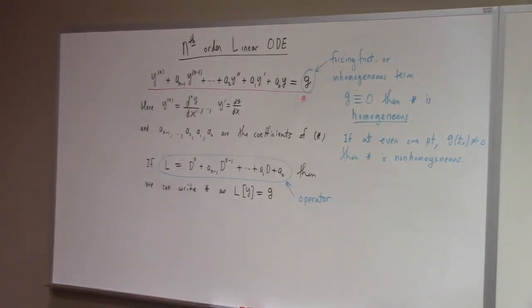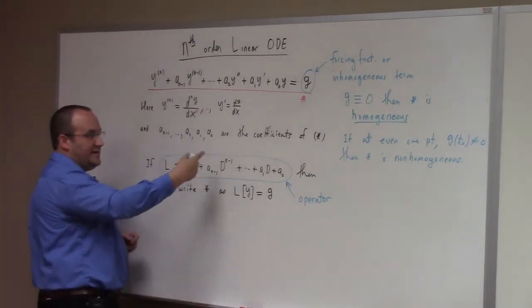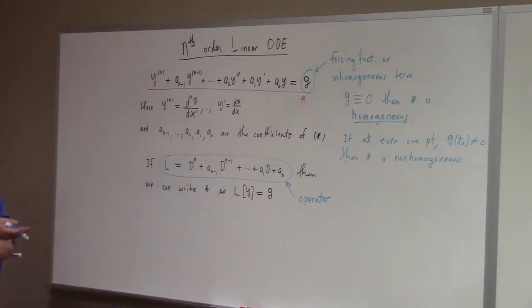You've already been working with operators in Calculus 1, right? The derivative is an operator. You feed it a function, what comes back out? A new function, right? The derivative function. And so this notation, like d^(n-1), just means n-fold operations of the derivative, one after the other, right? It means composition.